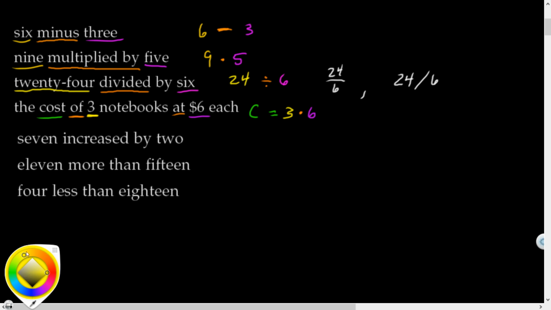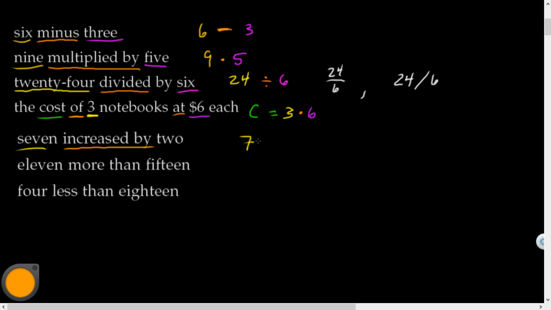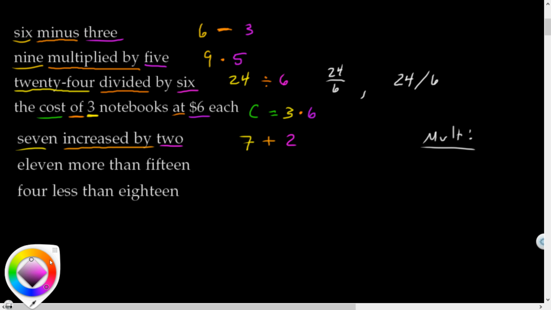Let's see. All right, 7. All right, that's easy. Increased by, which operation? Addition, I like it. By 2. Another multiplication term that I haven't mentioned yet is the word twice or double.